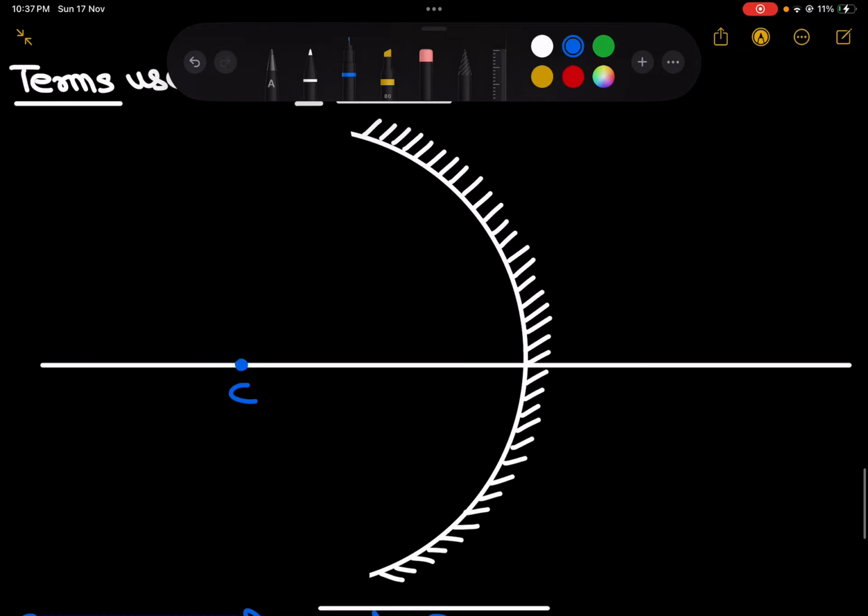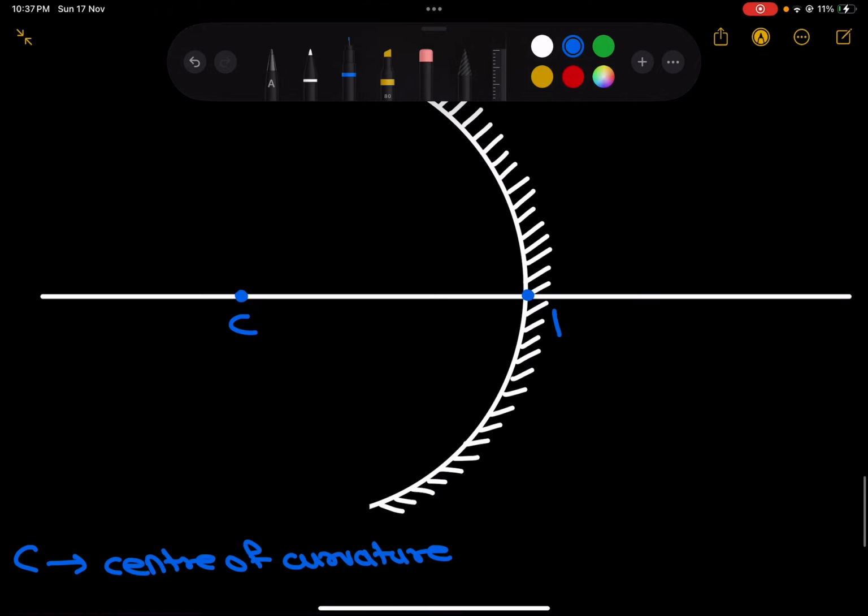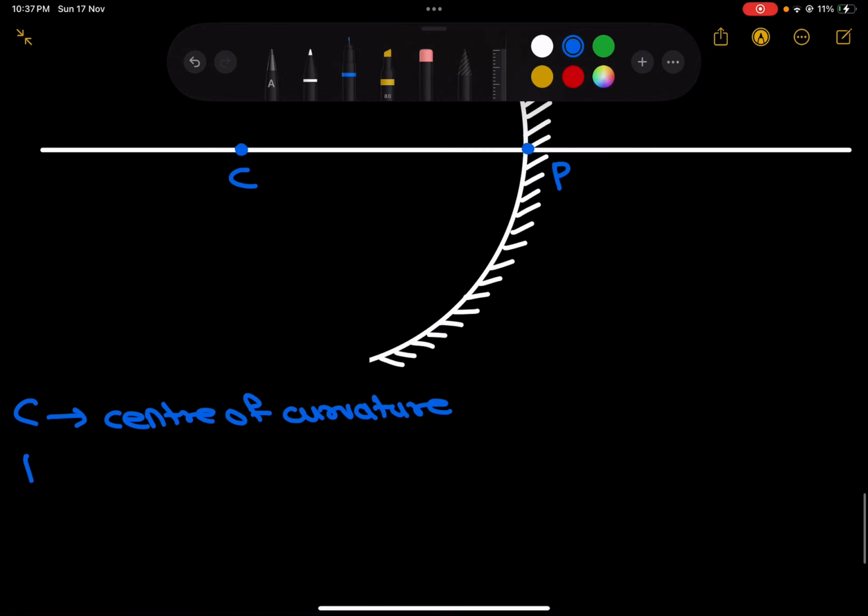Now this point, the exact middle, the geometrical middle of the mirror, the point which lies on the mirror, it is known as pole. It is the geometrical center of the mirror and it lies on the mirror.